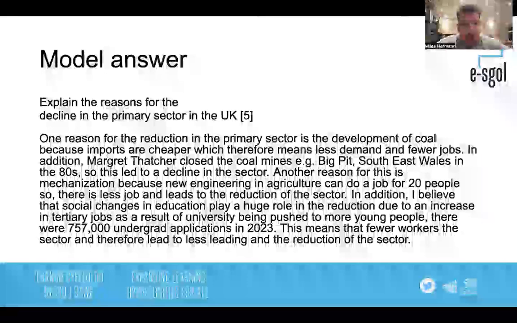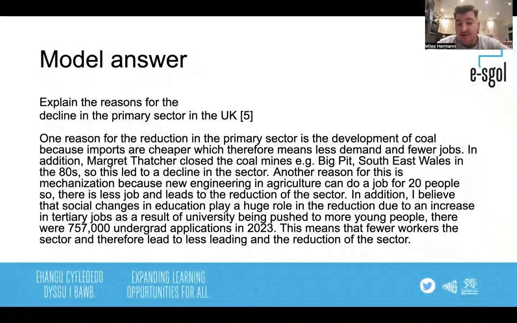In addition, Margaret Thatcher closed the coal mines, for example, Big Pit in South East Wales in the 80s. This led to a decline in the sector. Another reason for this is mechanisation, because new engineering in agriculture can do the job of 20 people, so there are fewer jobs, and this leads to a reduction in the sector.